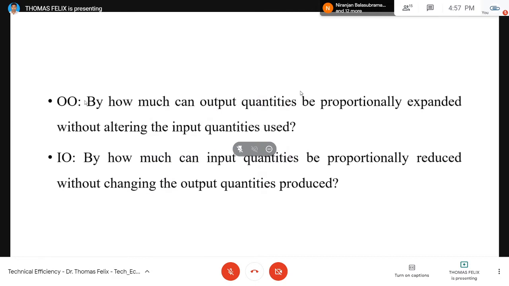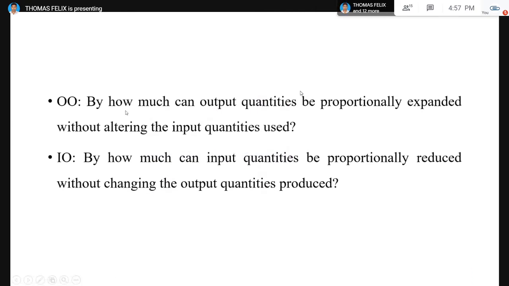As we know, output oriented technical efficiency means we are not altering the input. With the same level of input, we are increasing the output. On the other hand, how much can input quantities be proportionally reduced? With the efficiency measure we can know that we can reduce the input usage by 0.8.